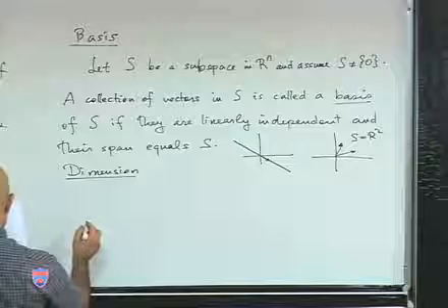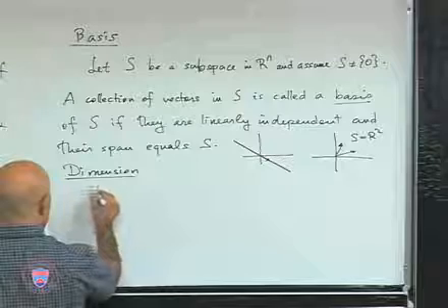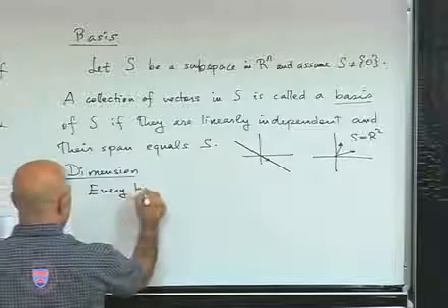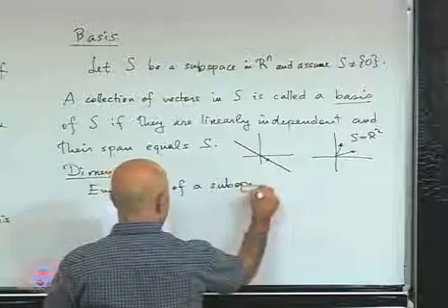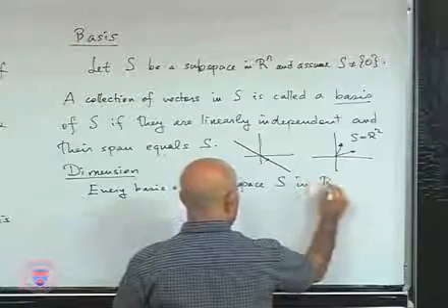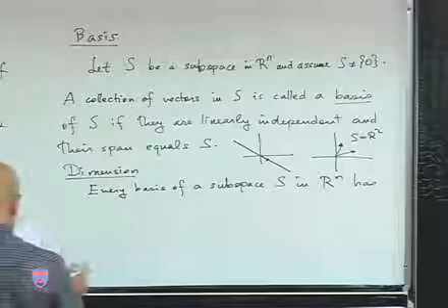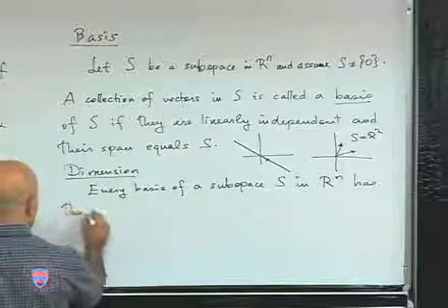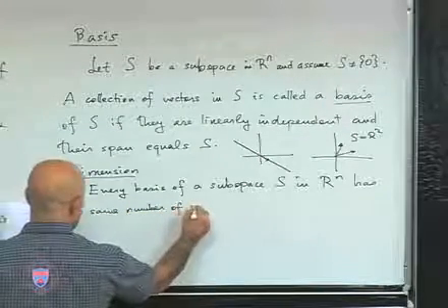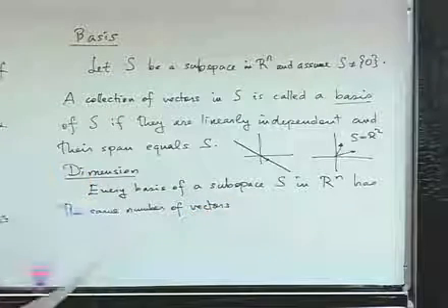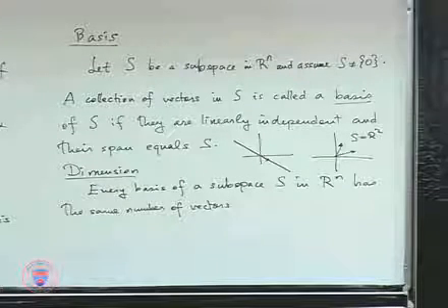The dimension of a subspace S is the following. Every basis of a subspace S in Rn has the same number of linearly independent vectors, or has the same number of vectors which are by definition linearly independent and also whose span generates S. Okay?